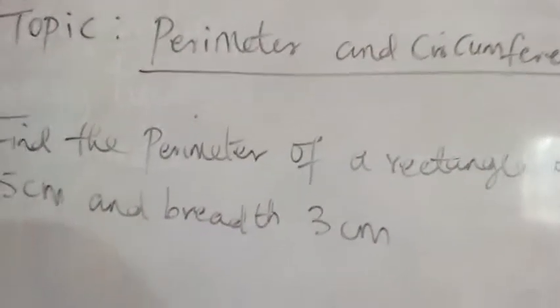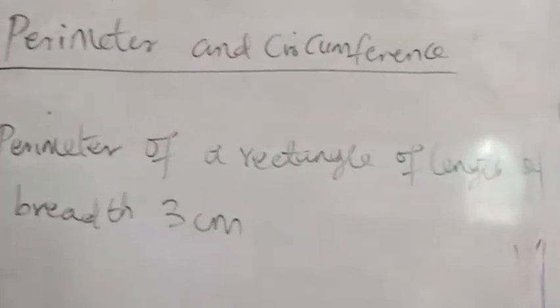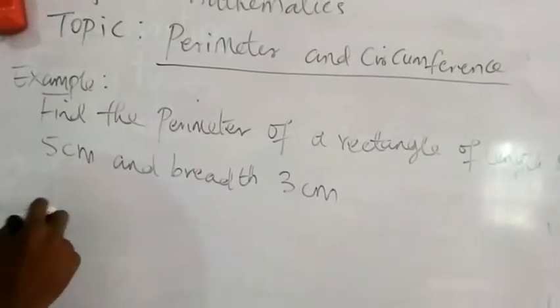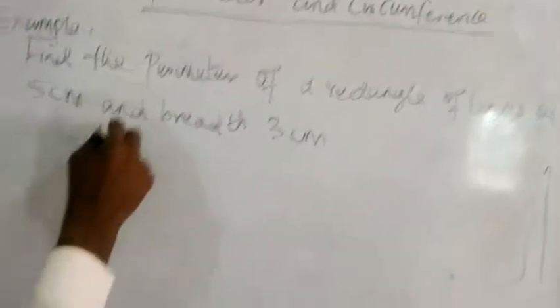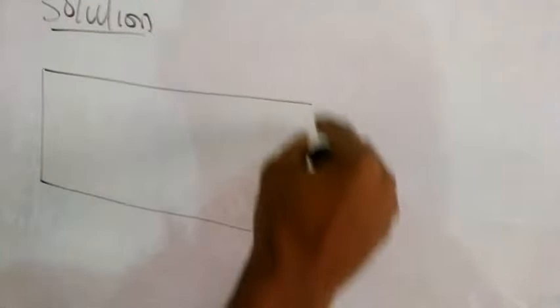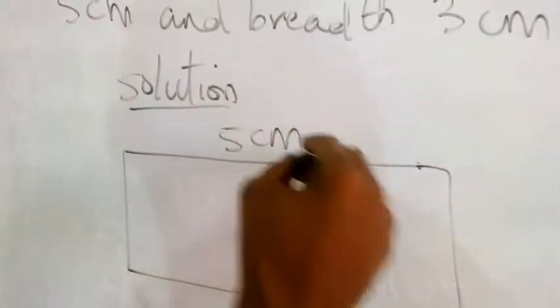Find the perimeter of a rectangle of length 5 cm and breadth 3 cm. We begin by sketching the rectangle. Our length is 5 cm and our breadth is 3 cm.